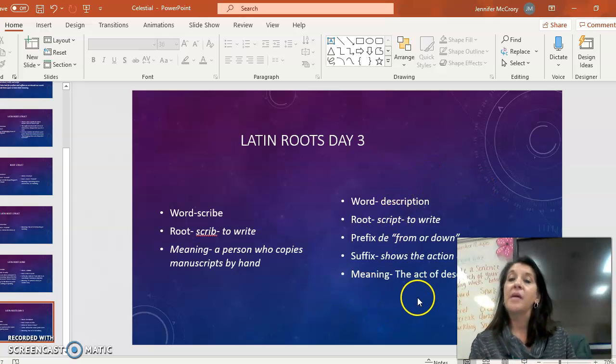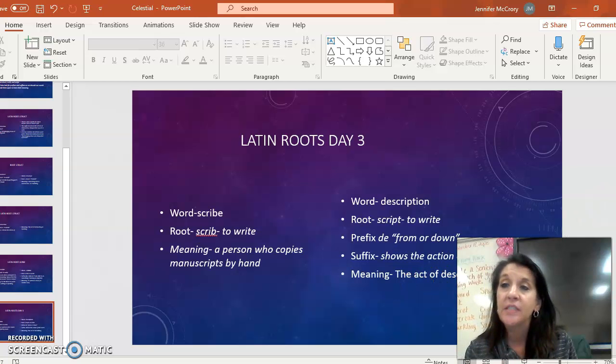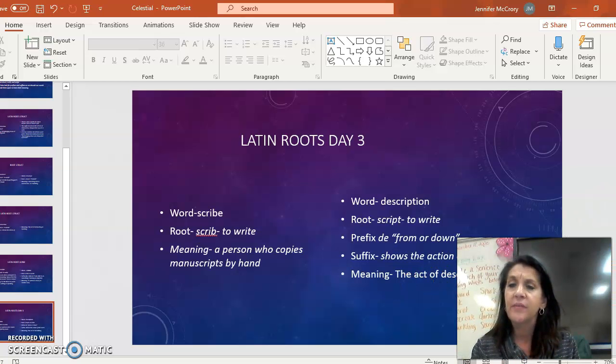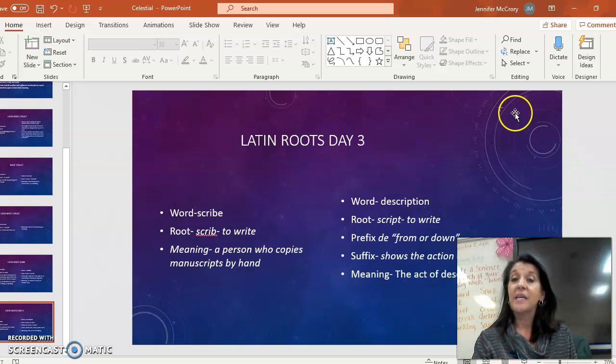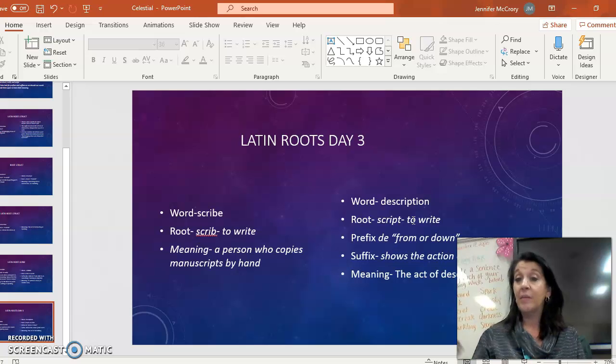So now we look at our meaning, the act of describing. The meaning of description is the act of describing something. So see, I had to take this word and pull it apart from the beginning, the middle, and the end to get a clear definition or understanding of what that word meant.